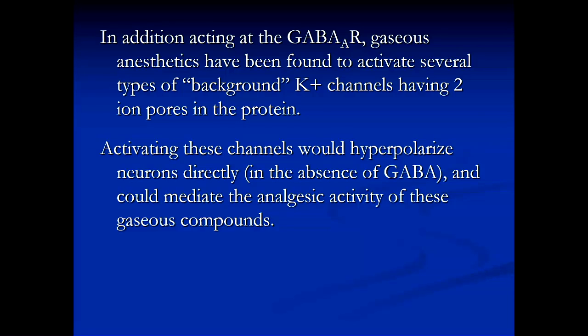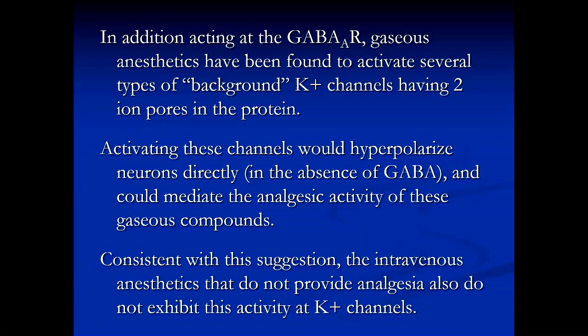So it turns out that increasing the activity of these channels is going to hyperpolarize neurons. This is going to occur in the absence of anything that's going on with the GABA system. So this potentially could mediate or explain why these agents tend to have adequate analgesic effects in terms of quieting down neurons with these gaseous agents.